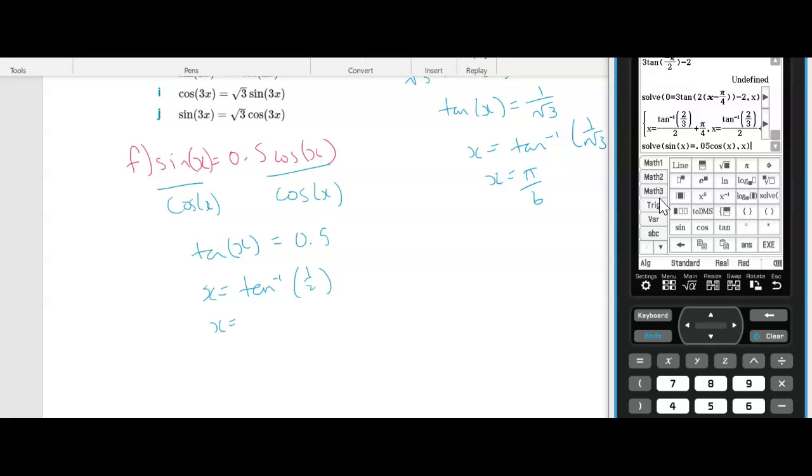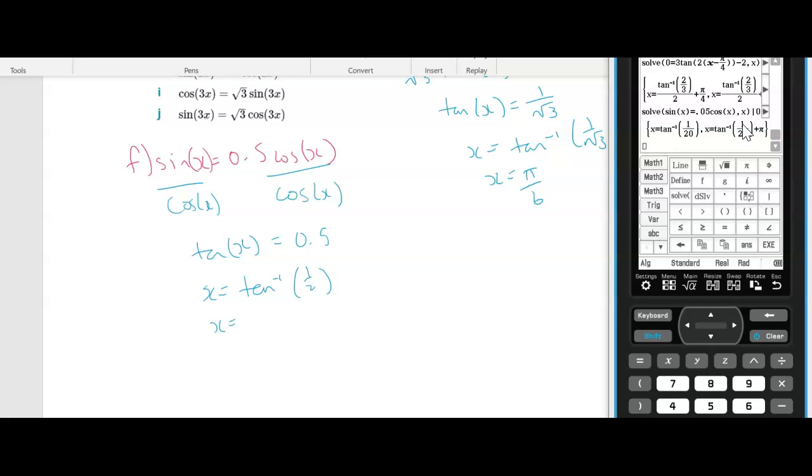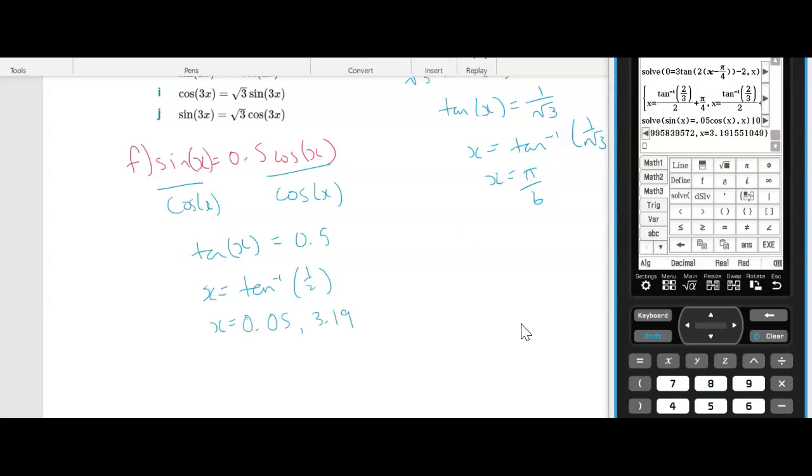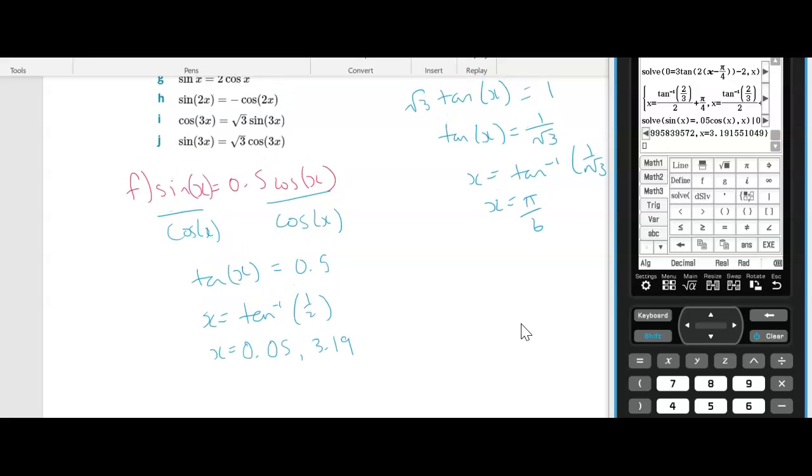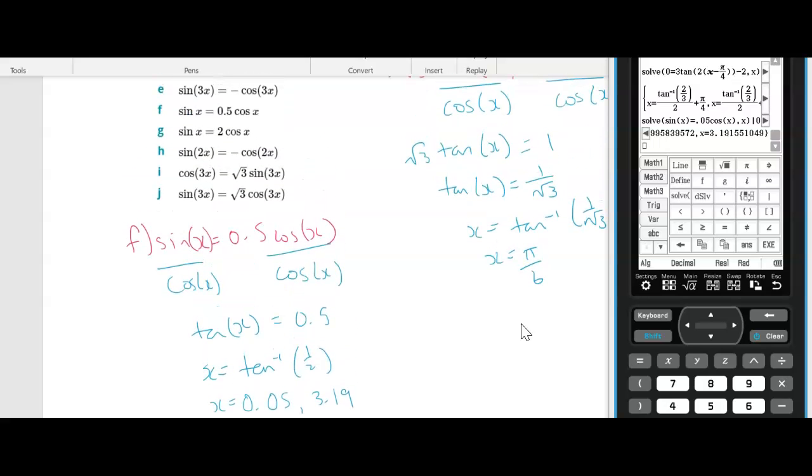Wouldn't it be good if there was a button that you didn't have to always do 0 to 2 pi? Now this one is including 0 and 2 pi, so that's why I've done that button, and I need to change it to decimal. Okay, so I've just done the solutions there. So 0.05 and 3.19. So if you can't get the exact value, you just use your calculator.